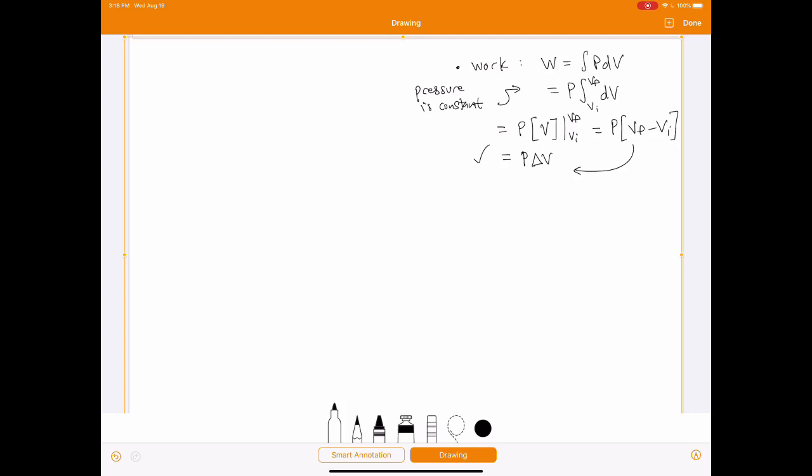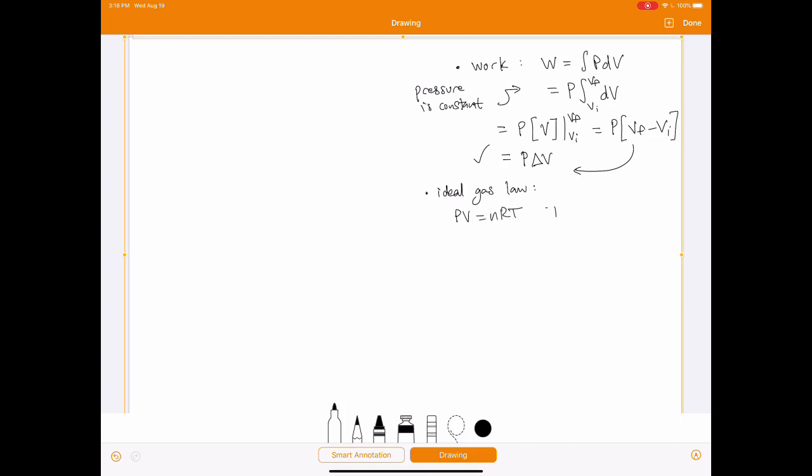Okay, the next thing I'd like to do is take a look at the ideal gas law. Again, the ideal gas law says PV equals nRT.